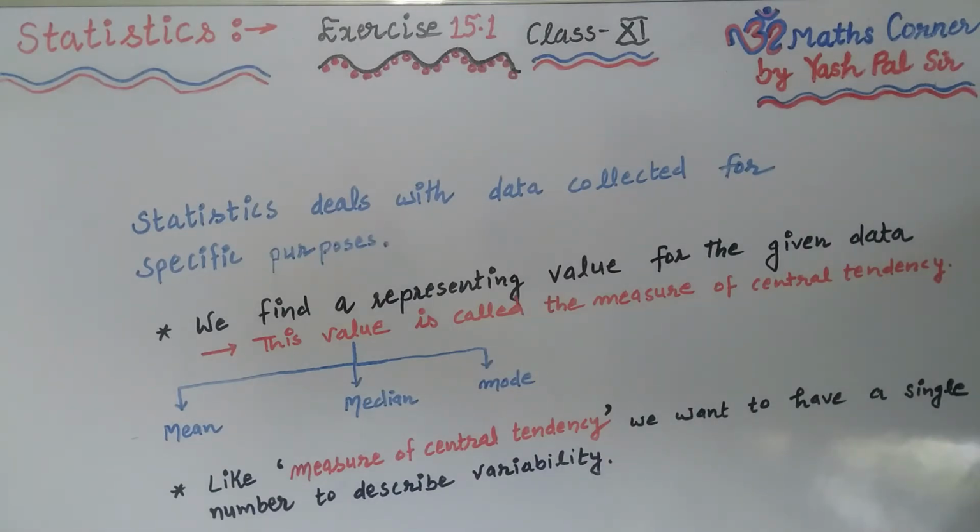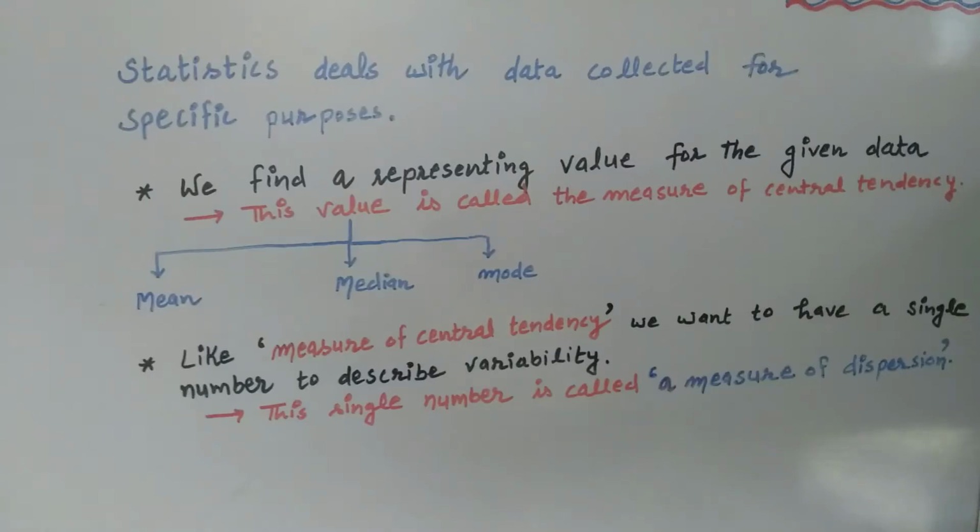But in order to make better interpretation from the data, we should have an idea how the data are scattered or how much they are bunched around a measure of central tendency. Like measure of central tendency, we want to have a single number to describe variability.